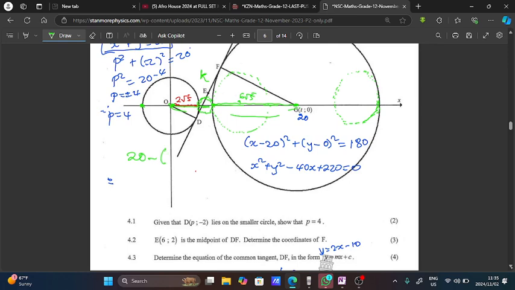I can subtract what? 20 minus 2 root of 5, I get. And what? Minus 6 root of 5. Now if I do this, I will get this space. I know how much is this space.